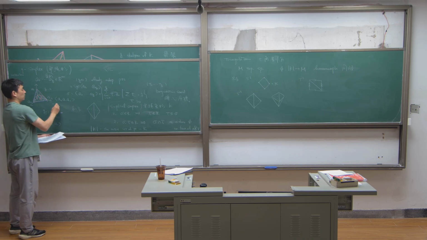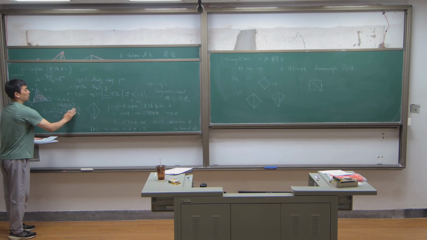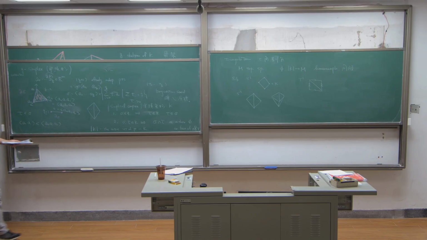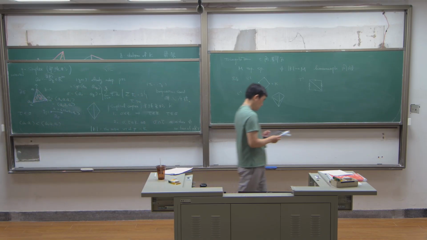You can also write A1, A2, A0, or minus A0, A2, A1. So including orientation, we can define the oriented q-simplex.